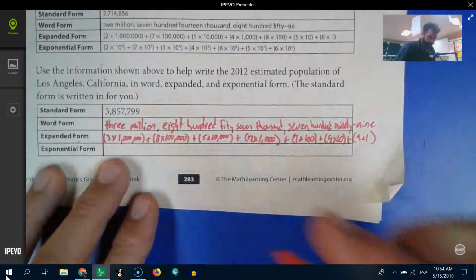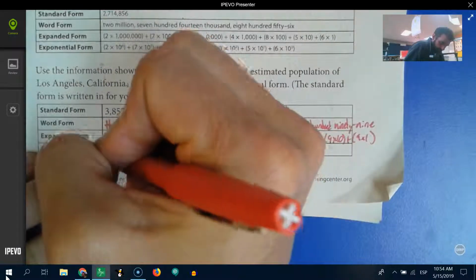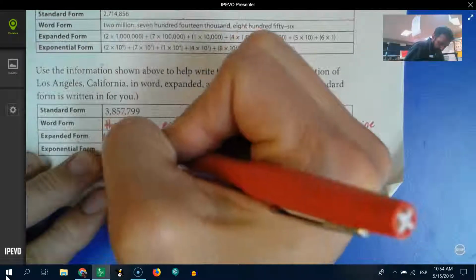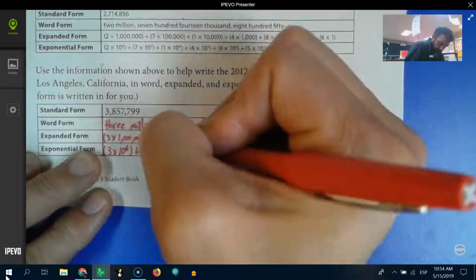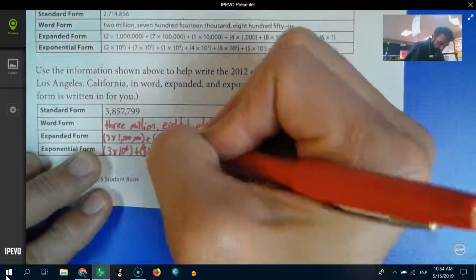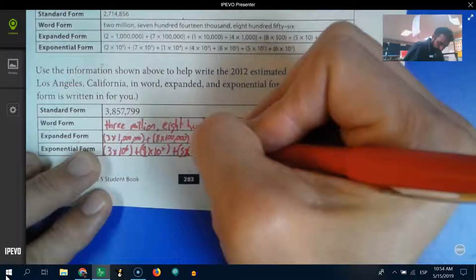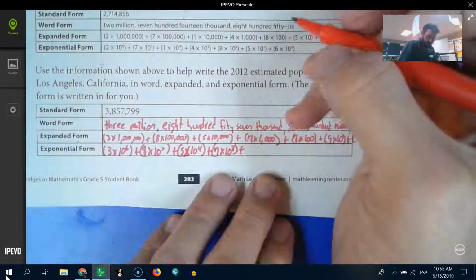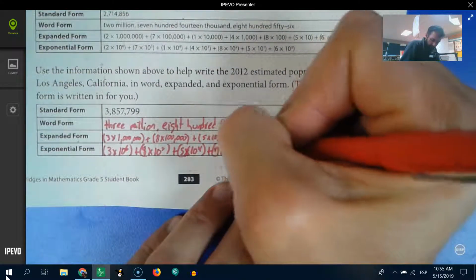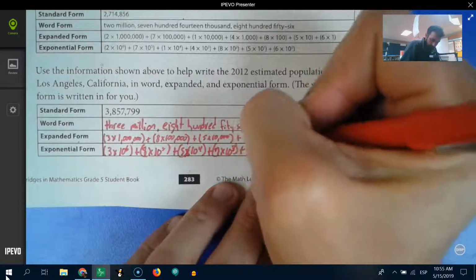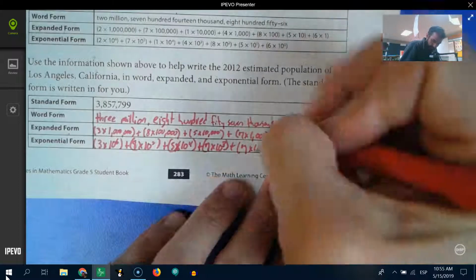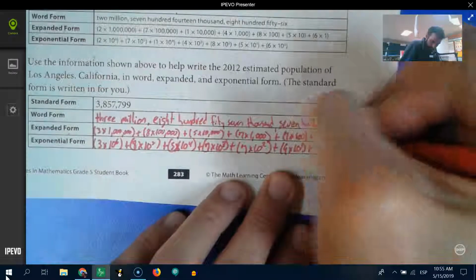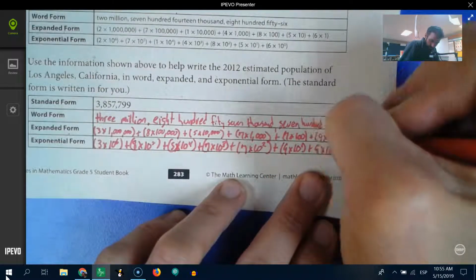And then in exponential form, this would be 3 times 10 to the 6th plus 8 times 10 to the 5th plus 5 times 10 to the 4th plus 7 times 10 to the 3rd plus 7 times 10 to the 2nd plus 9 times 10 to the 1st plus 9 times 10 to the 0.